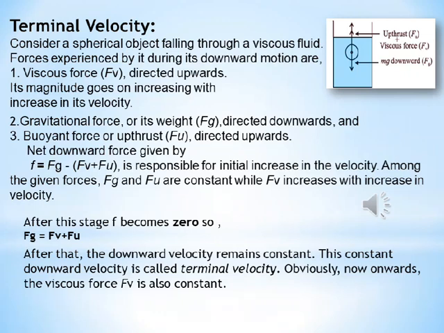This constant downward velocity is called the terminal velocity. The downward velocity which remains constant after the condition f equals 0 is called the terminal velocity. Now Fv becomes constant, as we have already discussed, because it is the viscous force.